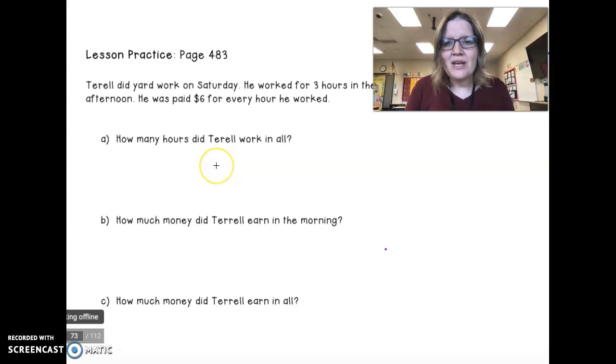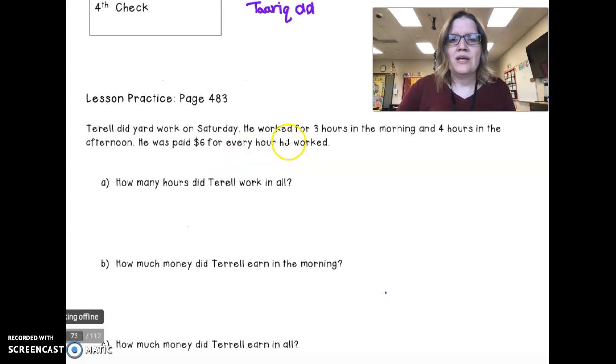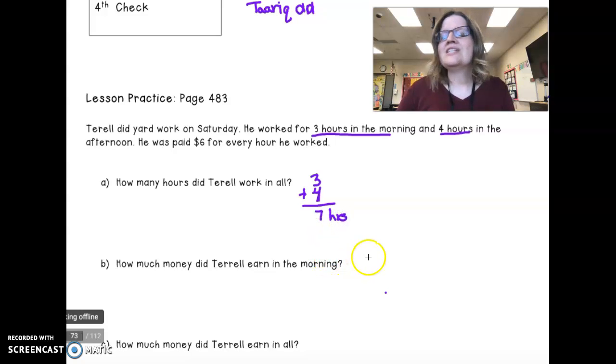First thing, how many hours did he work in all? It says here he worked 3 hours in the morning and 4 hours in the afternoon. So we know 3 plus 4 is 7 hours total. How much did Terrell earn in the morning?